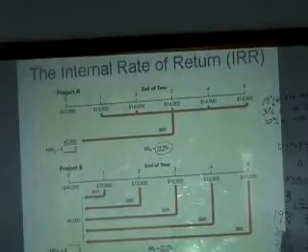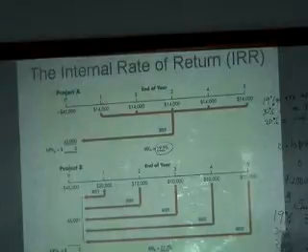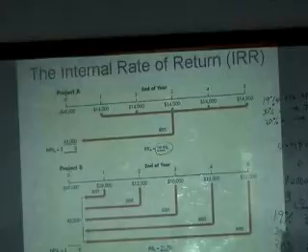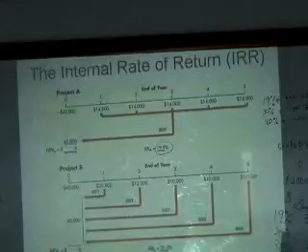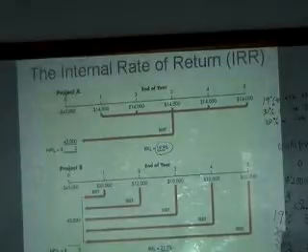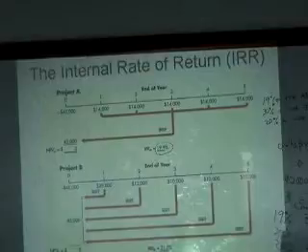So CF is 14,000 divided by 1 plus K, where 1 plus K is 1 plus IRR power of 5, minus the initial investment. Then shift the one to the left: 42,000 equal to 14,000 times 1 plus IRR power of 5.